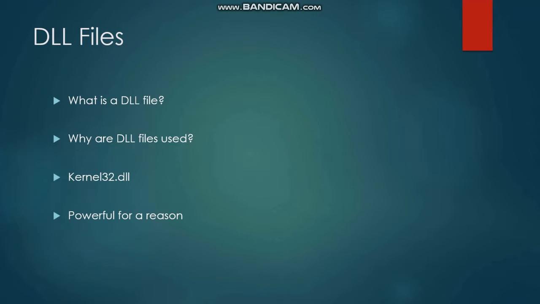DLL files are used for many different reasons. One of the most powerful uses is that they can be called from many different programs at the same time. This makes them special in the sense that they are good for allocating memory and are very efficient.